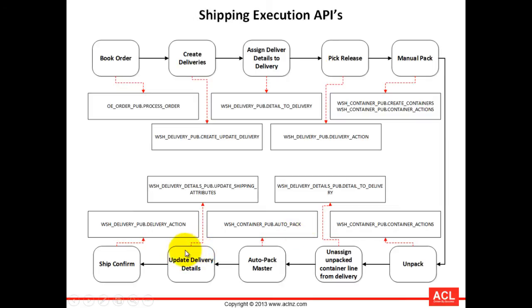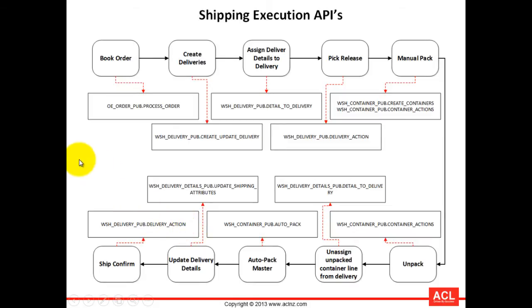If you would like to update your delivery lines which have already been imported from the backend, you can use the package procedure WSH delivery details pub dot update shipping attributes. Lastly, for ship confirming your imported deliveries automatically, you can use WSH deliveries pub dot delivery action to ship confirm them from the backend.